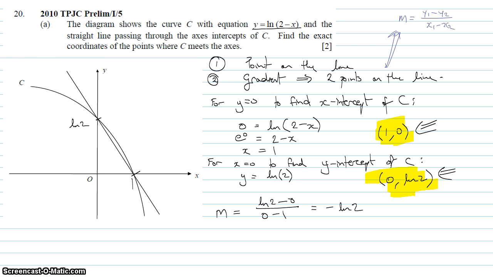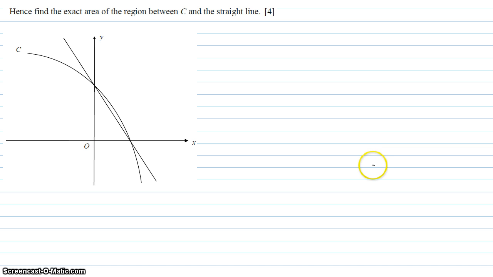Okay, so let's look at the next part. Hence, find the exact area of the region between C and the straight line. Again, this is ln 2, this is 1, and the region I'm asked to find is this little sliver in here.